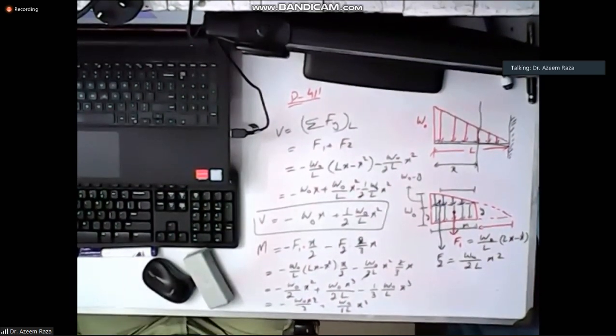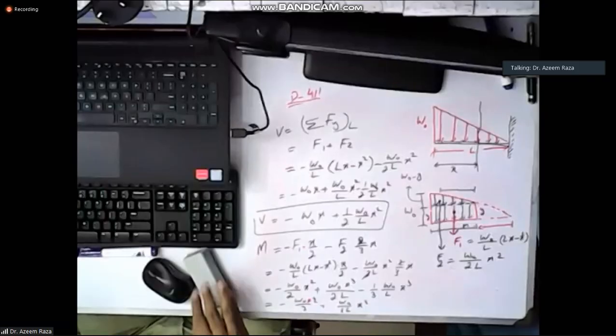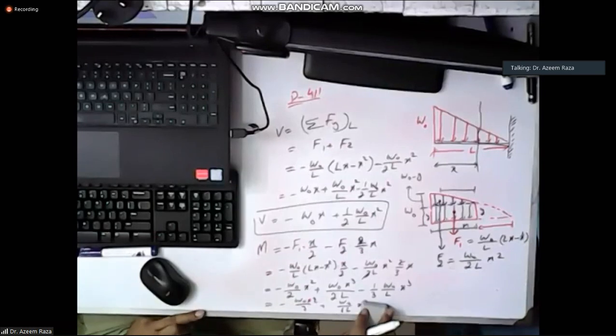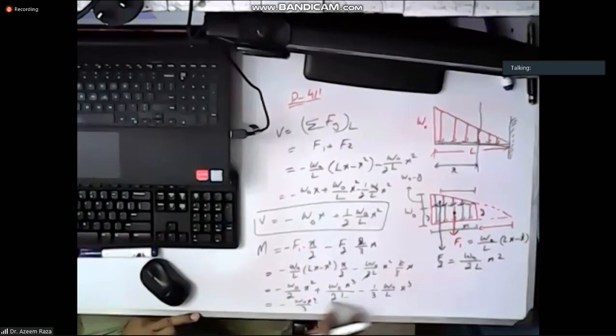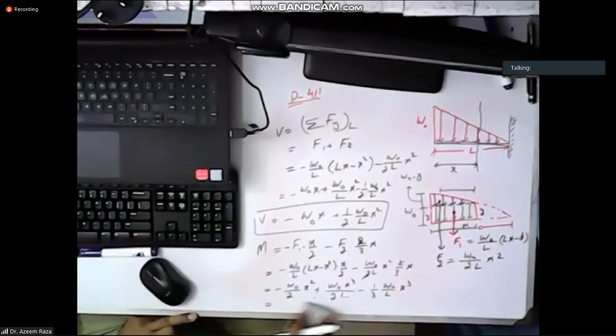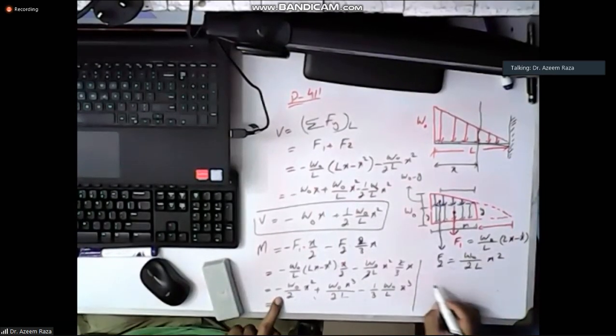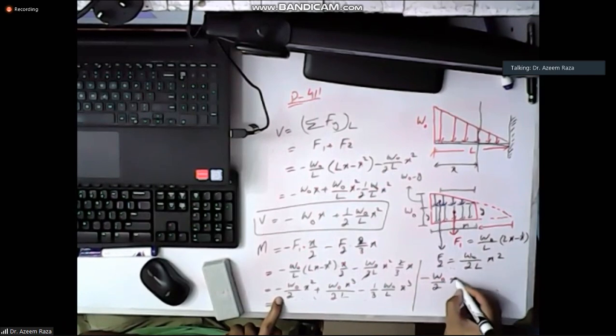We all good? Sir, can you magnify the last line? Let me rewrite it here. So I just took an LCM. So this is fine. Minus w naught over 2 x squared.